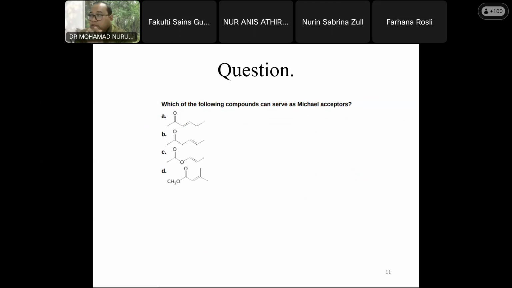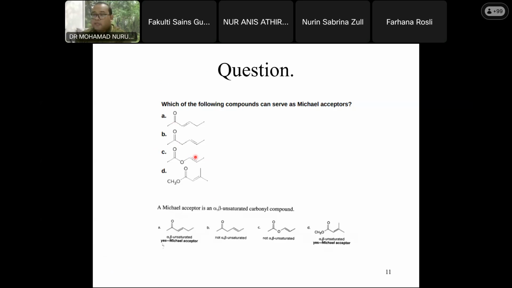Okay, the question asks which of the following compounds can serve as a Michael acceptor. As we know, the Michael acceptor is a compound that has alpha and beta positions. This is the keyword: alpha, beta positions. From these 4 compounds, we can know which one is the Michael acceptor.